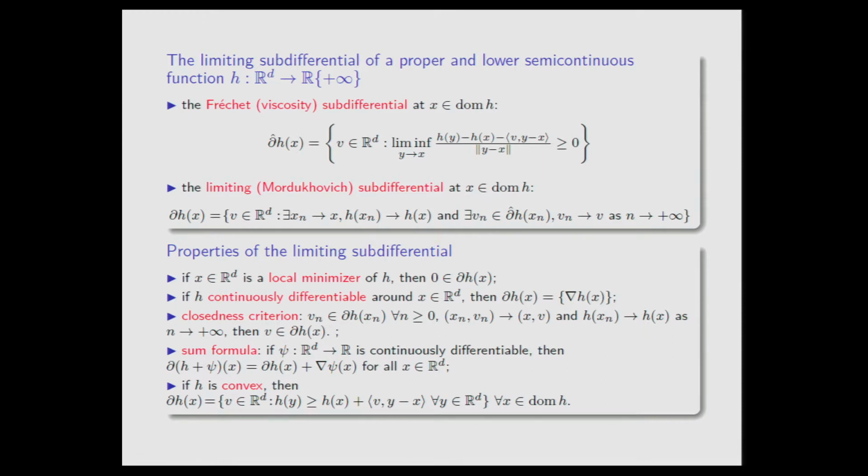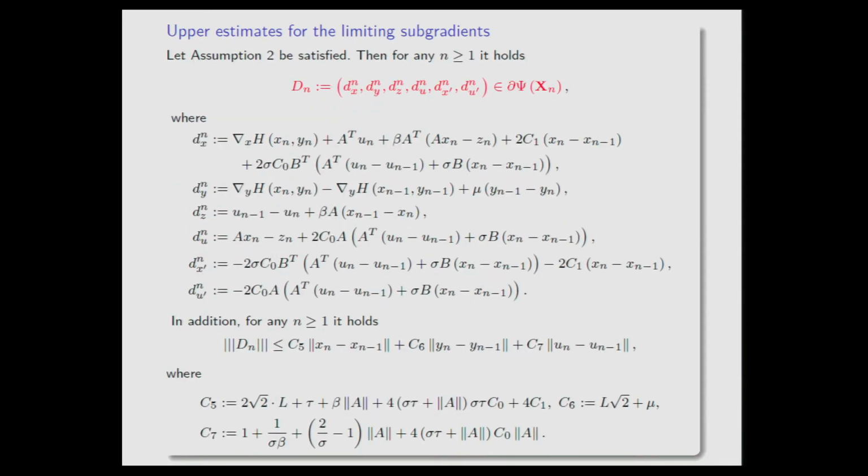We have a sum formula, not as good as in the convex world. I said the convex world is fantastic. But we still have something. When h is convex, the differential coincides with the convex one.